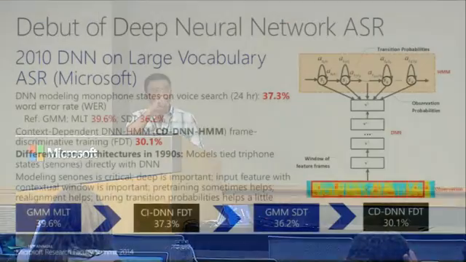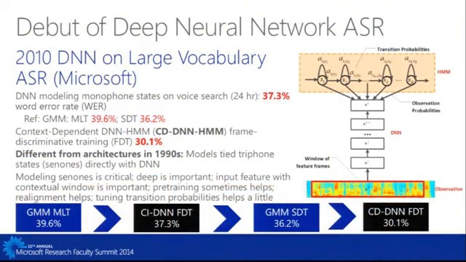In 2010, Microsoft researchers started to work to see whether this gain can be carried over to large vocabulary speech recognition. The first thing they tried is the same as before: we applied this monophone architecture directly to large vocabulary speech recognition.